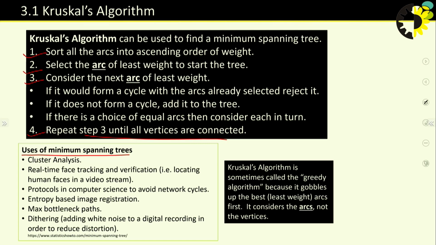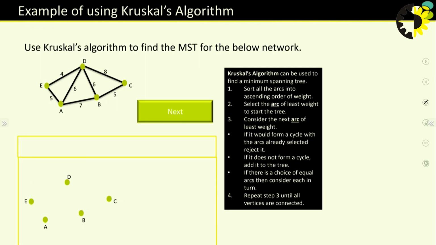Also in protocols in computer science to avoid network cycles, entropy based image registration, max bottleneck paths, and dithering, adding white noise to a digital recording in order to reduce distortion. Minimum spanning tree algorithms are also used in these types of applications. So here we will take the examples.